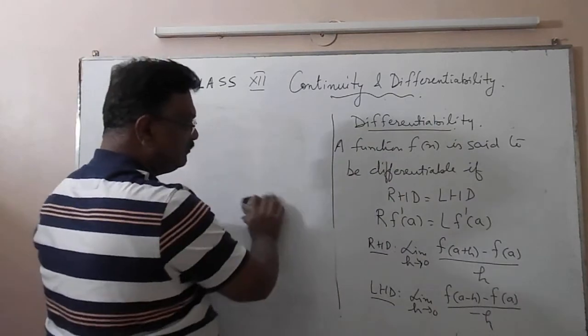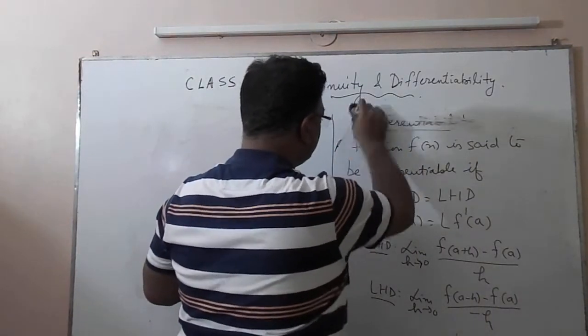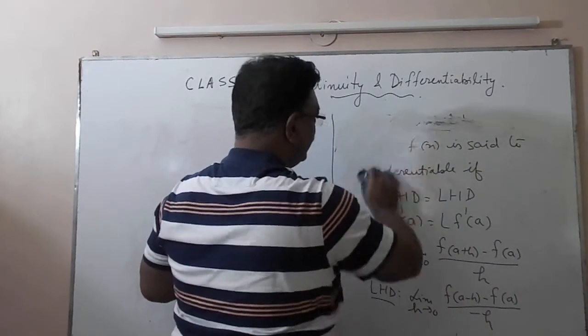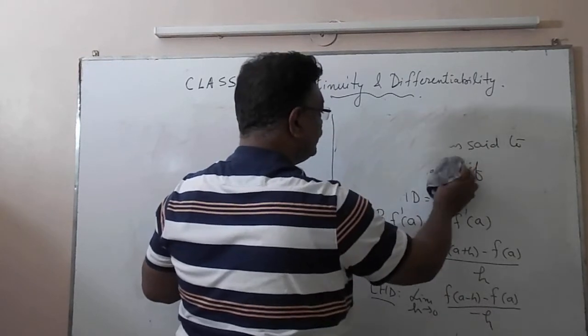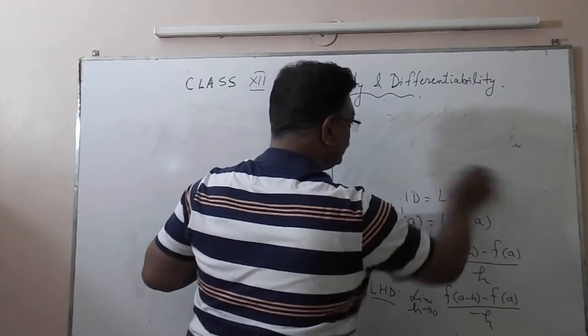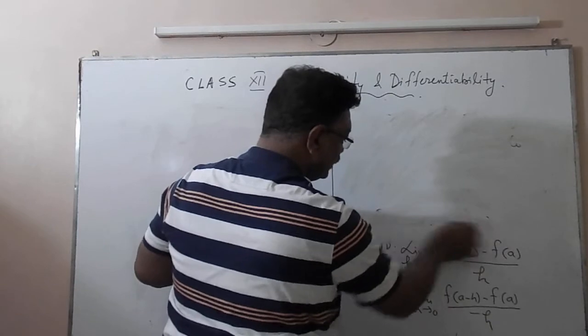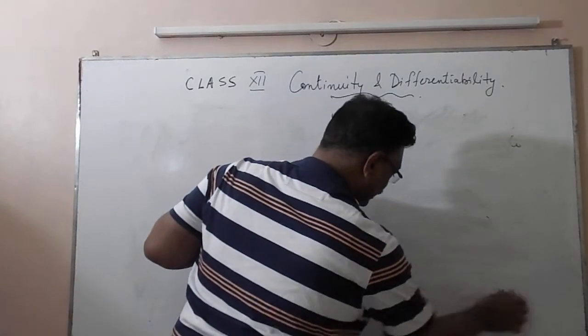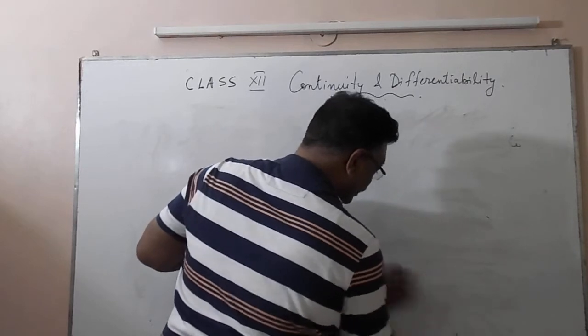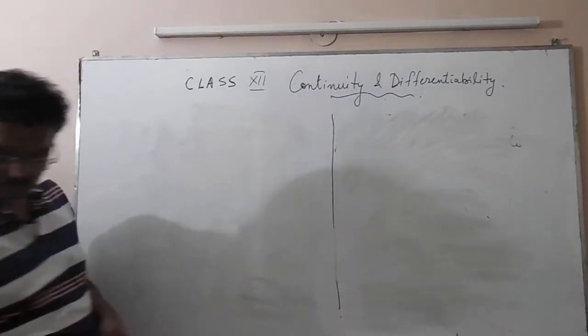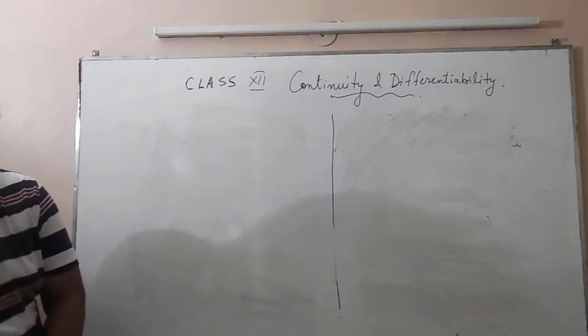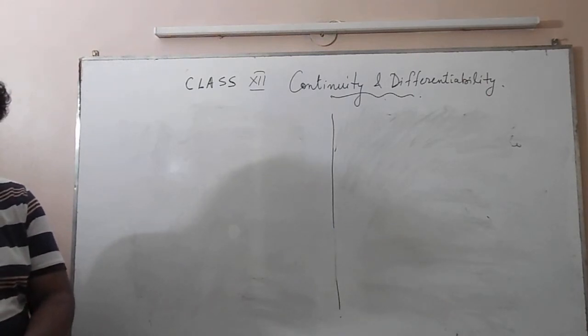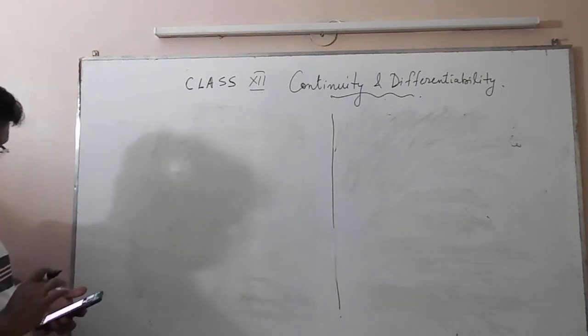And to find the differentiability, we have to find the right hand derivative and the left hand derivative, and if they are equal, then the function is differentiable at that point. Let us take a few very important questions which have been asked in exams very frequently.